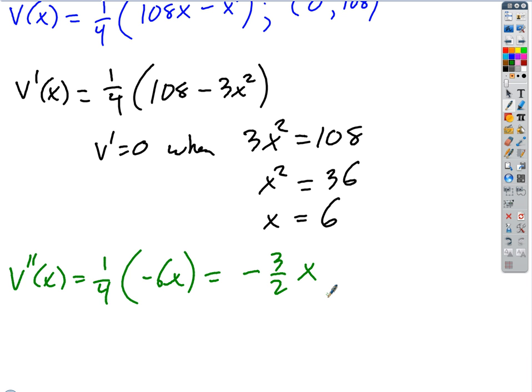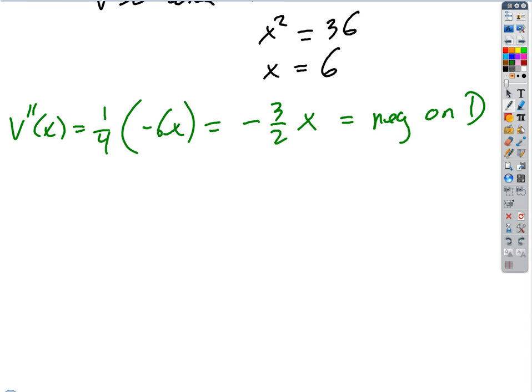And so you might even, in this step right here, just write negative on the domain, right? So you know it's negative everywhere. So it's always concave down. And so our one critical number we already know is what? Yeah, it's going to be a maximum, isn't it? Right? So if I made my table, and the table is almost overkill in this situation. It's such an easy function.